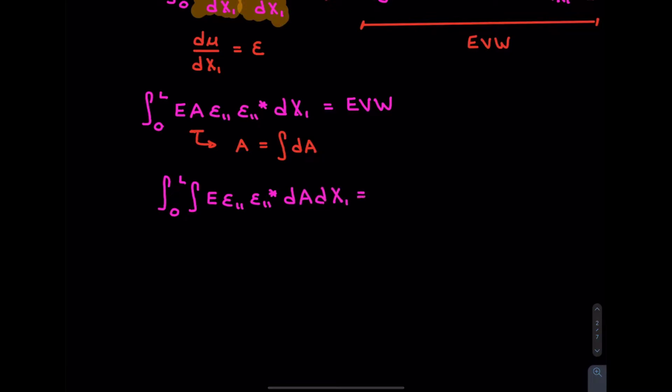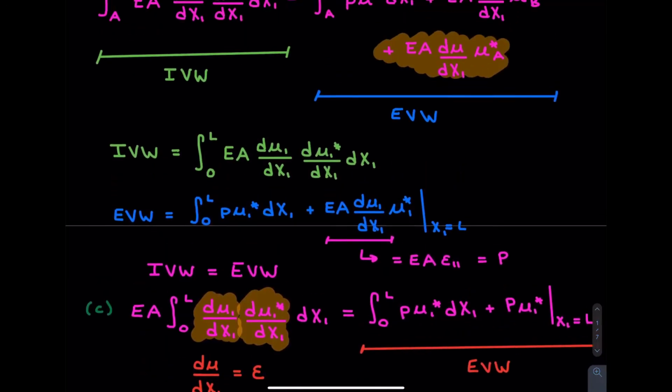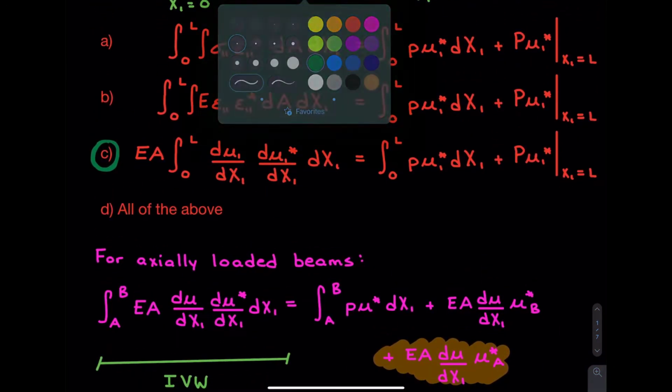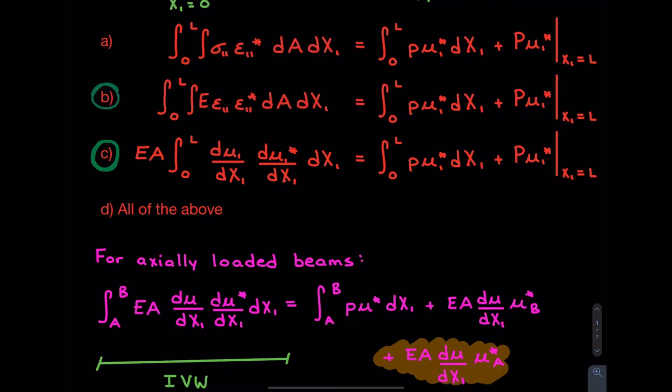And of course, this is equal to the external virtual work. If we look at the top here, we can see that this one actually matches part B exactly. So now we also know that part B is correct. By this point, we could conclude that it will be D, all of the above.